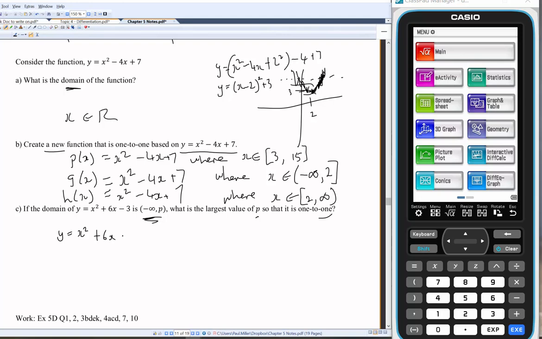What are we going to do? Halve it, square it, subtract it. So it's going to be negative 3, negative 12.